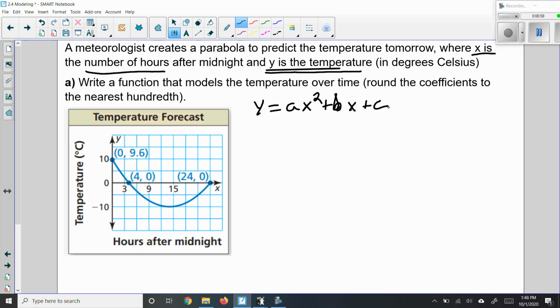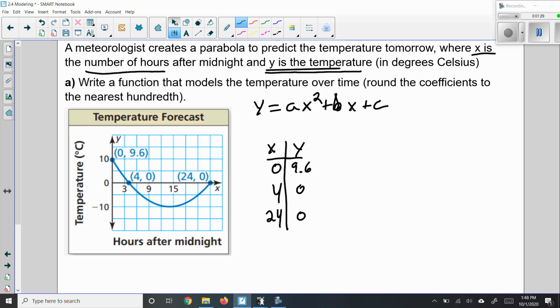Okay, so here we have some x and y values, so let's go ahead and put those in our calculator. The x values are 0, 4, and 24, and the corresponding y values are 9.6, 0, and 0.